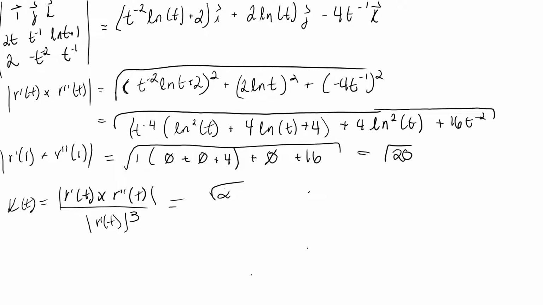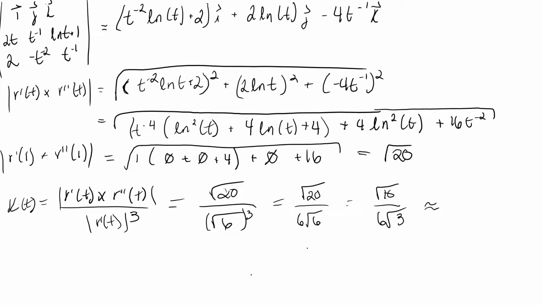The top one is the square root of 20, and the bottom one is the square root of 6, cubed. We end up getting square root of 20 over 6 square root of 6, which, once it's simplified, we get 10 over 6 square root of 3, which is approximately 0.3043 as our curvature.